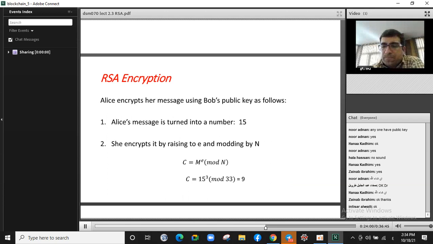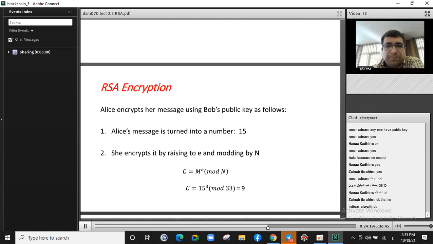Public key in RSA algorithm is a pair. Okay, in our case, 33 and 3. So Bob's public key here is 33 and 3.